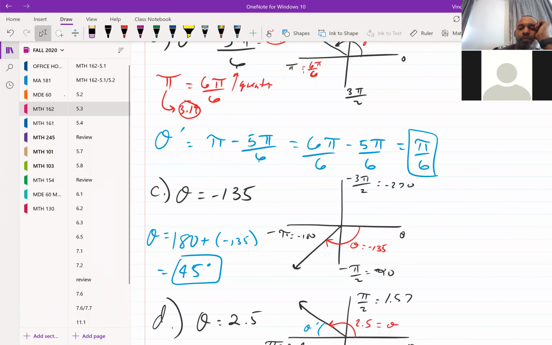And same thing if it was negative. That means we're going clockwise, and that puts me over here in the third quadrant. Then I follow the same pattern of adding it to positive 180, because it's negative, so we can get a positive result for our reference angle.